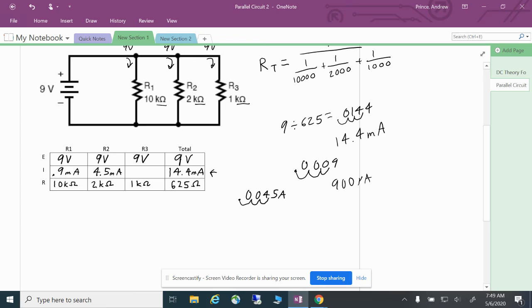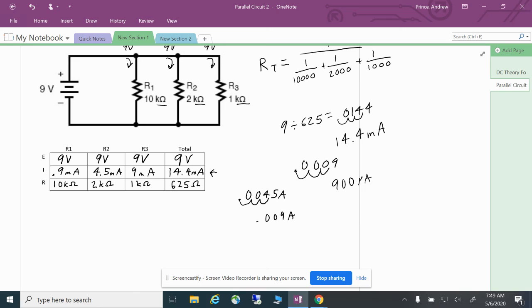And the last one, 9 volts divided by 1000 ohms, should give us 0.009. So 0.009 amps would be 9 milliamps, which we have half the resistance that we had in R2, so proportionally we have twice the current, which kind of makes sense, so we can kind of see what's going on as we move along there.